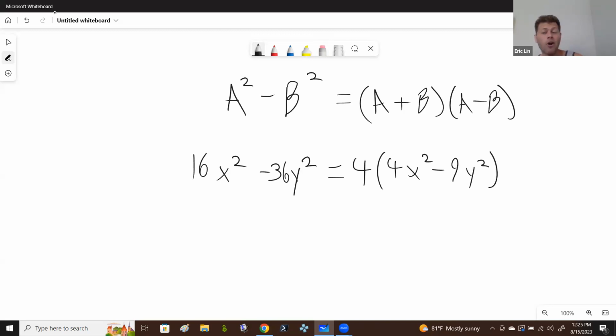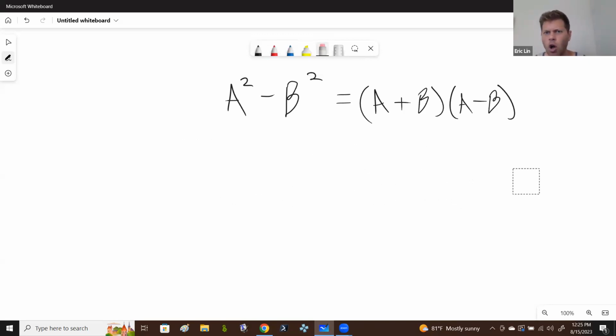And then from there, I can take this piece once again and say, that is the difference of squares, and factor that. So that's pretty much all I have to say on the difference of squares. Let's remember that the difference is important. The fact that it's a negative sign allows you to factor, whereas if it was a plus sign, you could not factor.